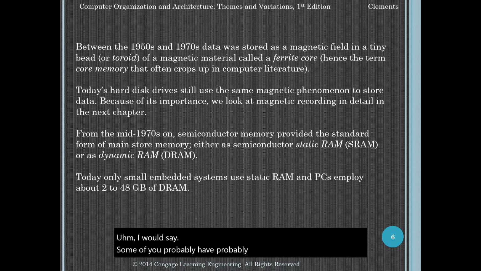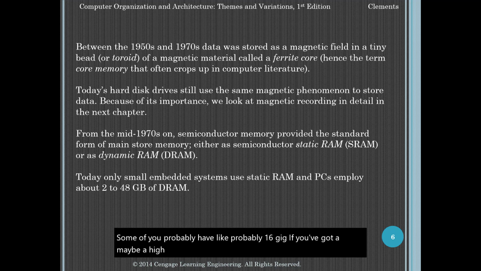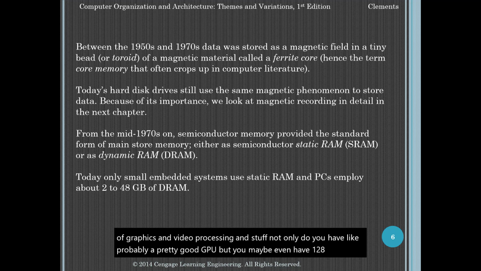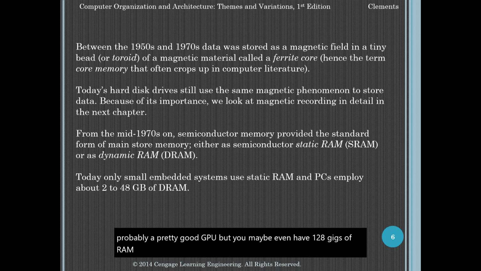If you've got a high-end gaming system, you maybe have 32. If you are running some kind of super workstation where you do a lot of graphics and video processing, not only do you probably have a pretty good GPU, but you maybe even have 128 gigs of RAM. So it kind of depends.